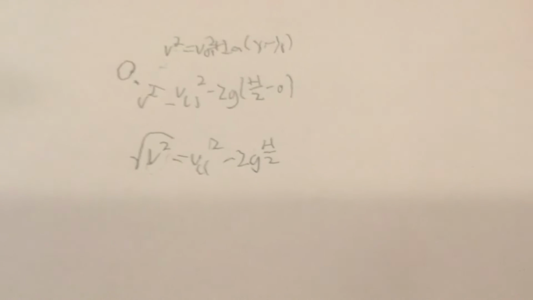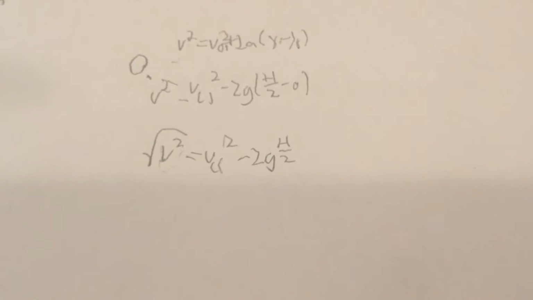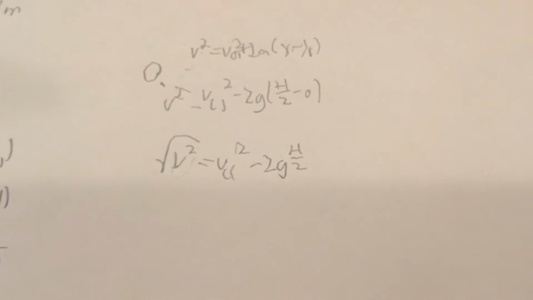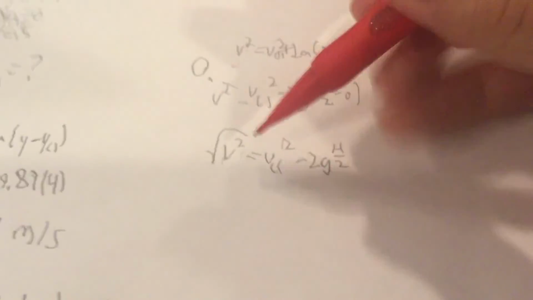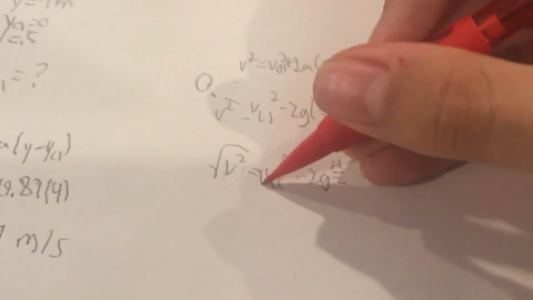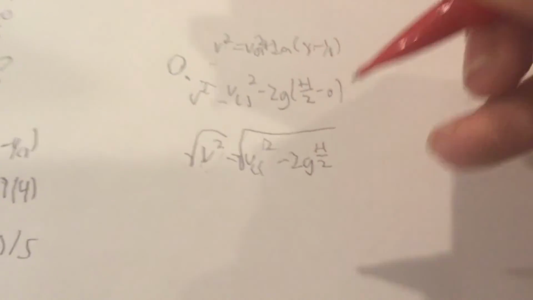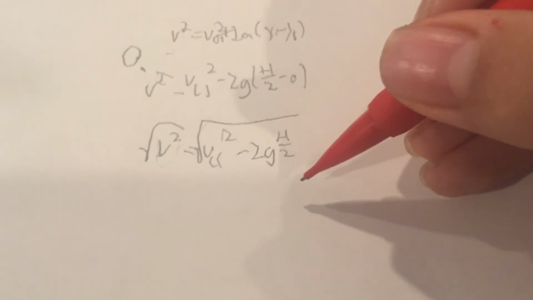Okay, so where we left off here, we were on part O, and we were solving for the velocity. So we got right here where we were going to take the square root of each side of the equation, and first we need to find what h equals and substitute for h.